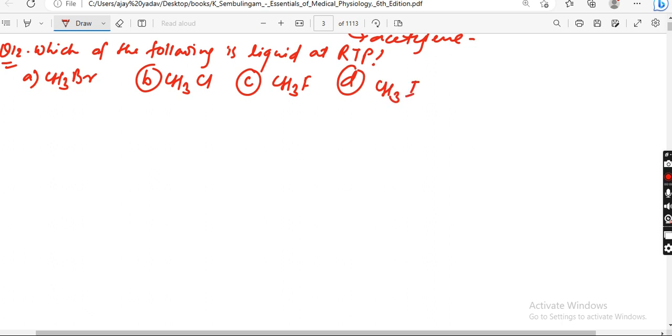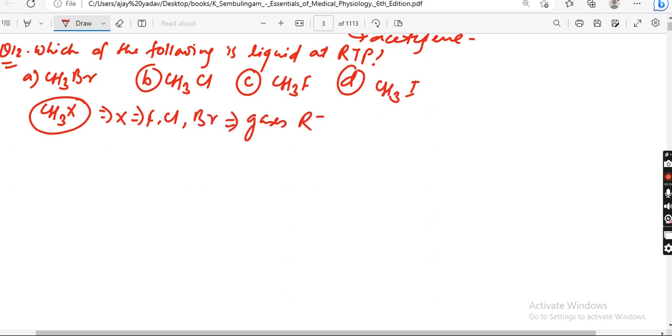I have already discussed CH3X, whether X could be fluorine, chlorine, or bromine. These all three are gases at room temperature. But CH3I is what? Liquid at room temperature, right?